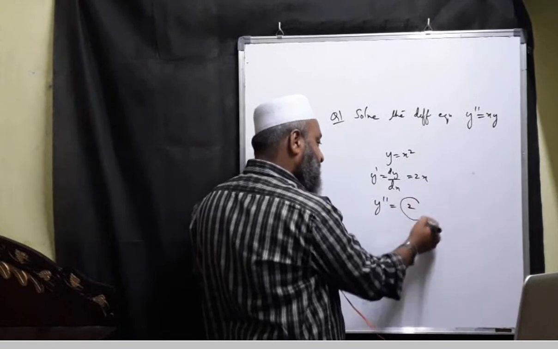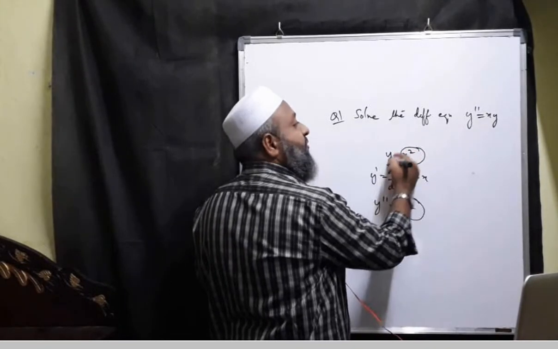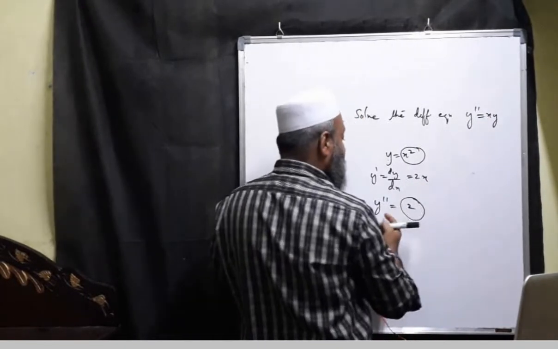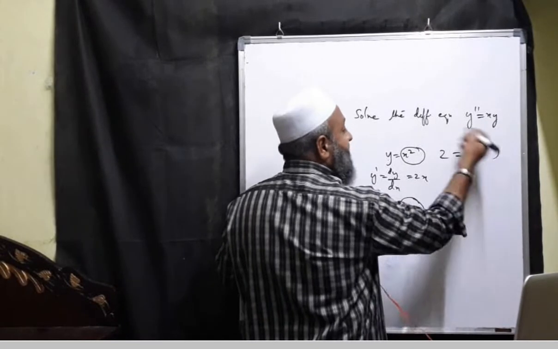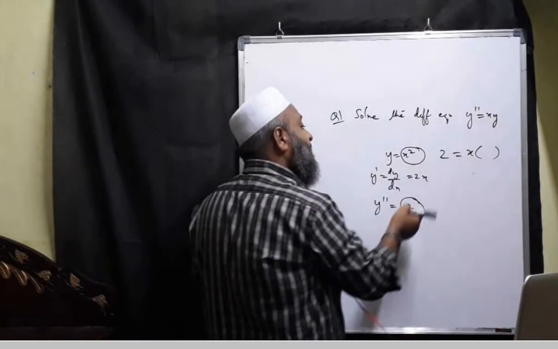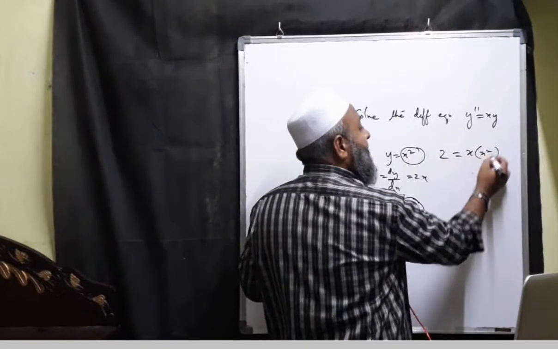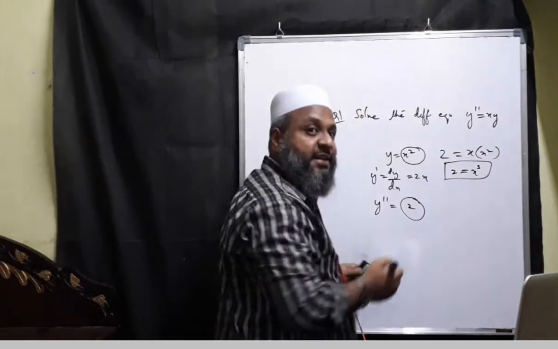If we substitute this y double dash and this y value, what do we get? y double dash is equal to 2, so 2 is equal to x into y, and that y is x square. So x cube is equal to 2. Is it an identity for every x?